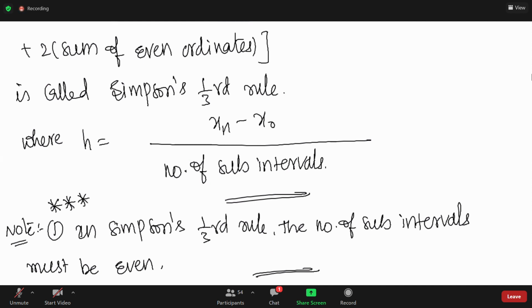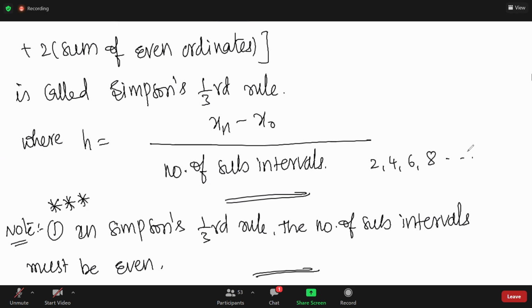It should be noted that this rule requires the given interval must be divided into an even number of equal subintervals. Sir, number of subintervals is equal to n by 2, no, sir? How will we know the number of subintervals? This Simpson's 1/3 rule is applicable for even number of subintervals. Even number means 2, 4, 6, 8, like this.